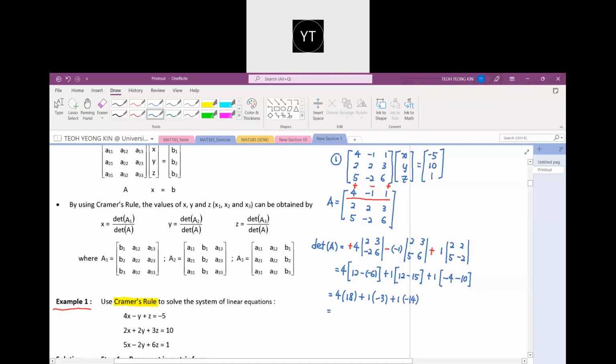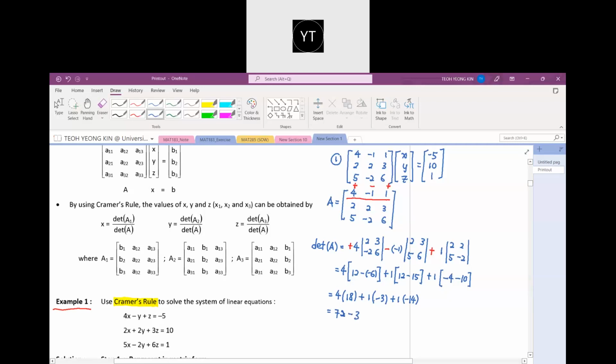So here will be 72. 4 times 18 is 72, correct. 72 minus 3.